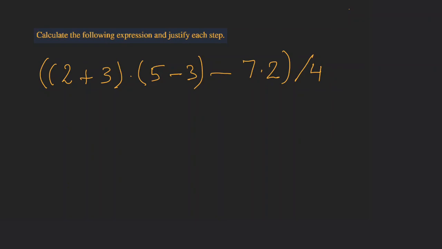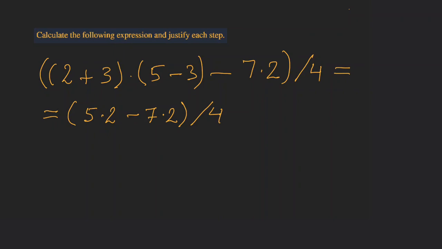We first have to resolve the innermost parenthesis, which gives the expression to be equal to parenthesis 2 plus 3 is 5 times 5 minus 3 is 2, minus 7 times 2, divided by 4.